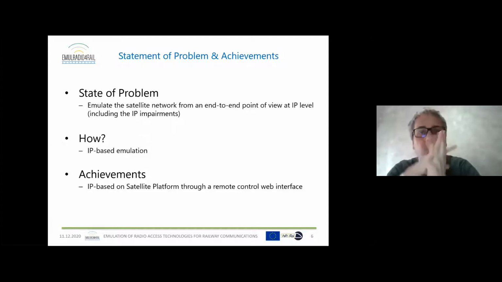What is the state of the problem? Our approach was to focus on the emulation of the satellite network from an end-to-end point of view at IP level, including obviously also the IP impairments in order to disturb the transmission at IP level. How?